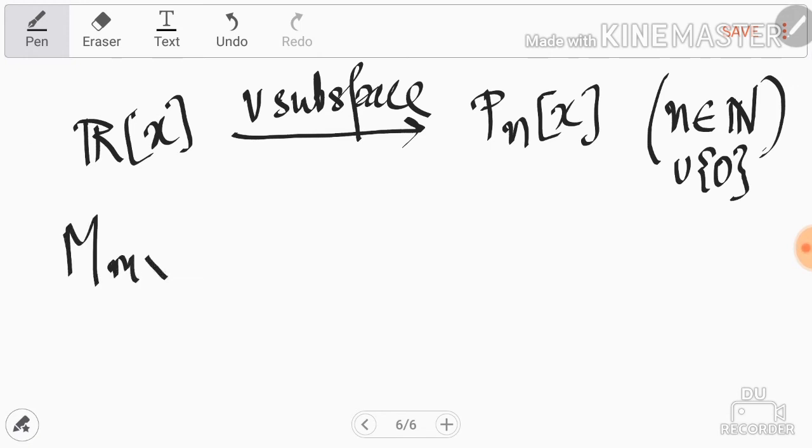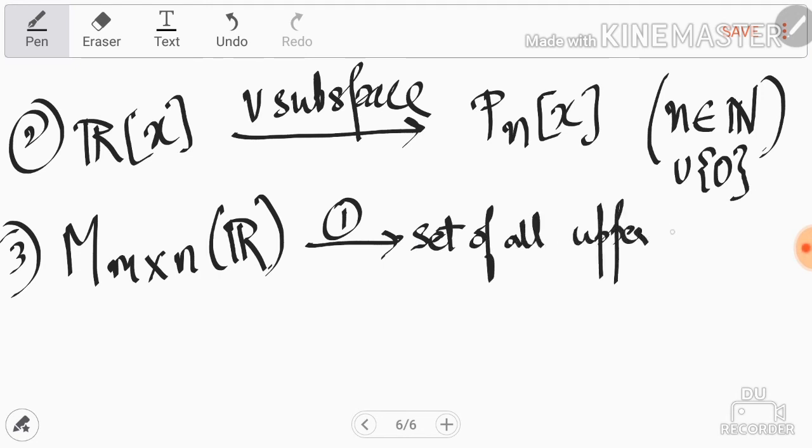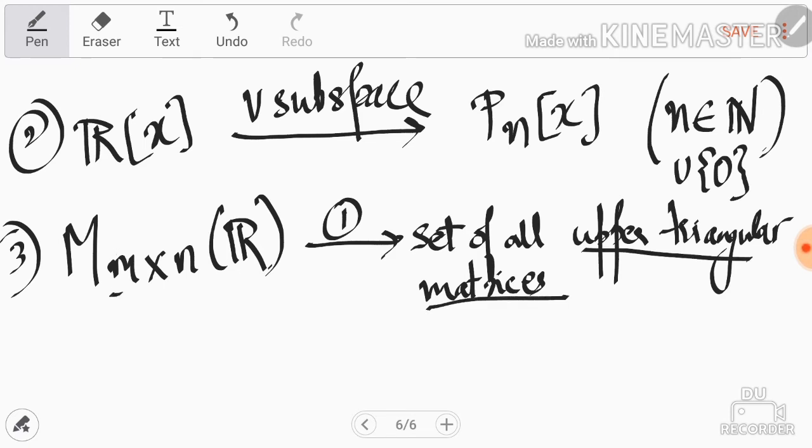For the third example that we had dealt with, that was M_{m×n}(R), which was the set of all matrices, here also, as one example, we can have the set of all upper triangular matrices, because we know that upper triangular matrices can be considered only if m is equal to n.